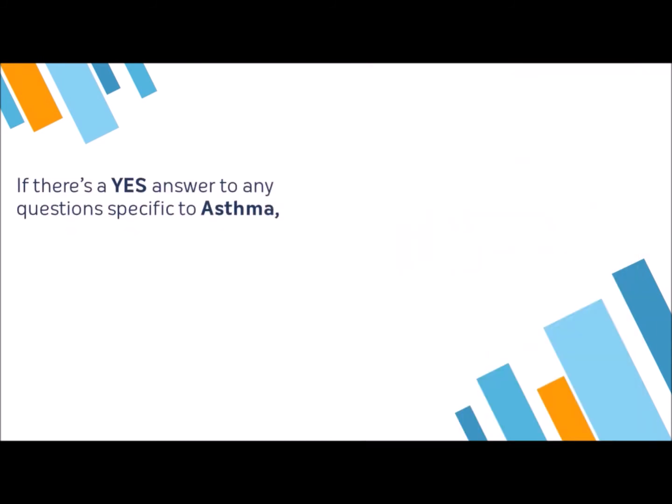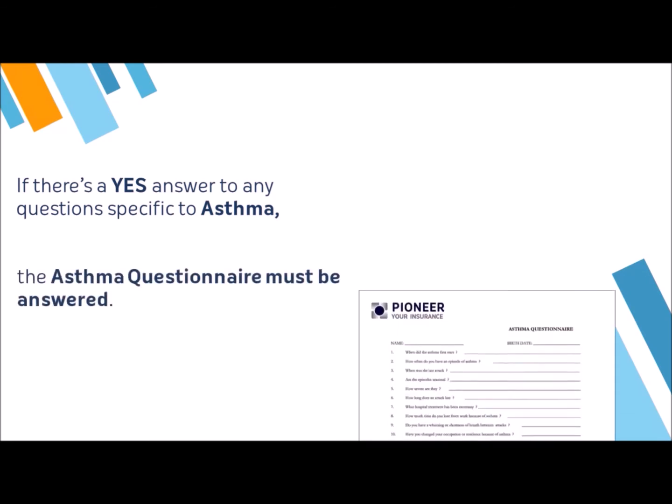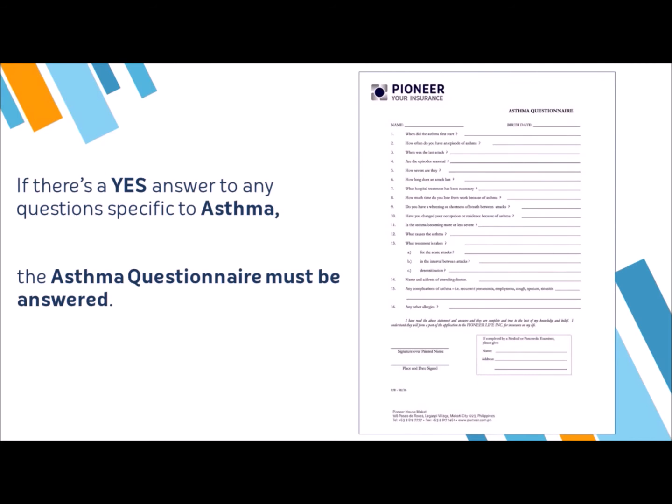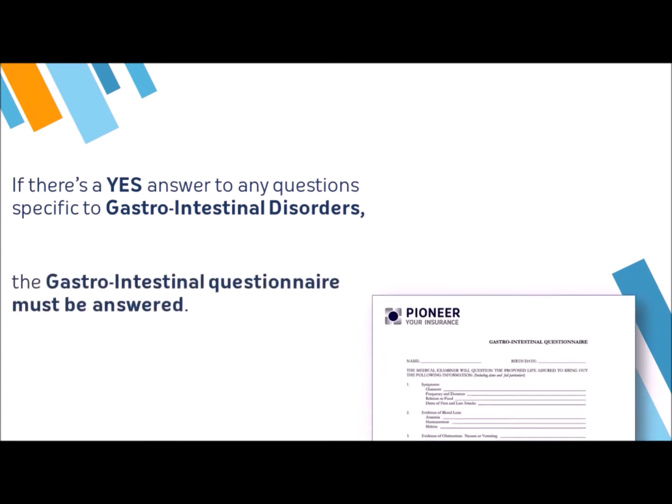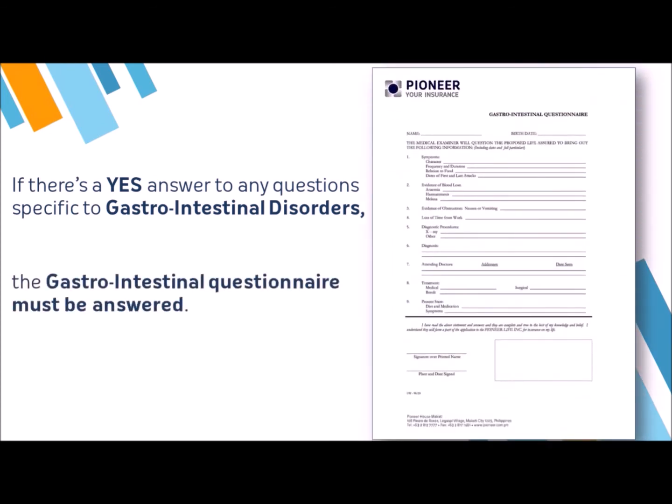If there's a yes answer to questions specific to asthma, the asthma questionnaire must be answered. If there's a yes answer to any questions specific to digestive gastrointestinal disorders, the digestive gastrointestinal disorders questionnaire must be answered.